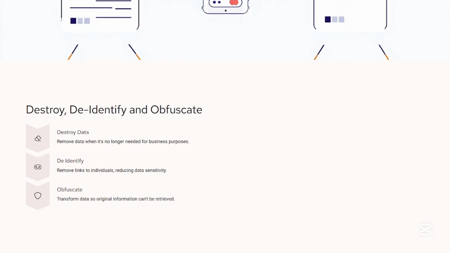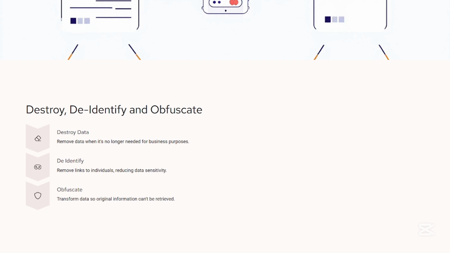That's why we de-identify: even if the data lands upon a malicious person, they cannot relate it to any individual, so it's no longer as sensitive. Then we can also obfuscate the data, where we transform the data so the original information cannot be retrieved. We transform it into a new value that cannot be related to the original value.